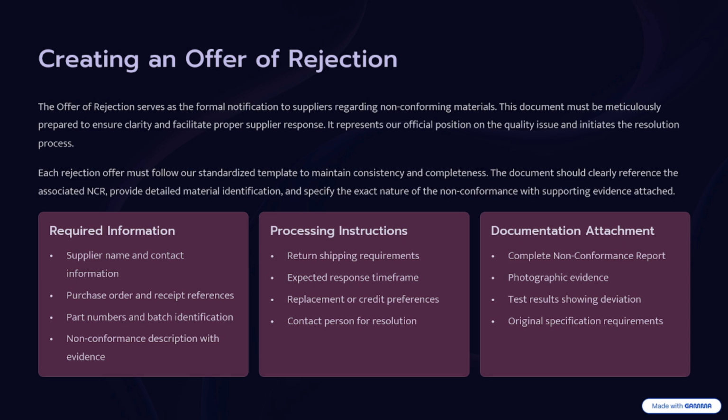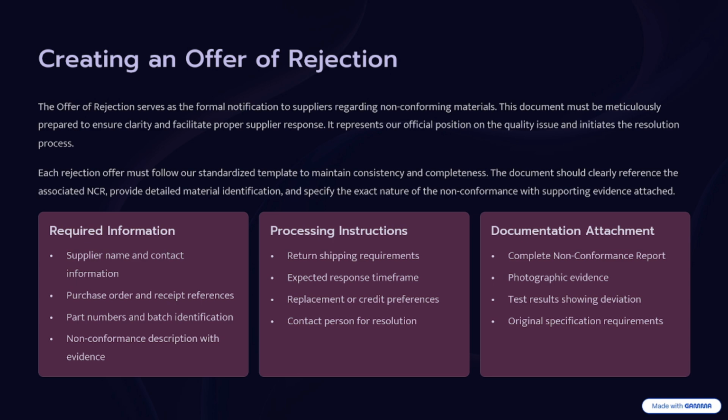The document should mention the supplier name, contact information, purchase order, as I told you from the beginning, non-conformance detail, part number, batch number, delivery note, and return process. As I told you, the return process is there. You need to check with the project's store management or the procurement team what the process of return processing is. Maybe they will give you some form, which has to be well communicated between internal parties.